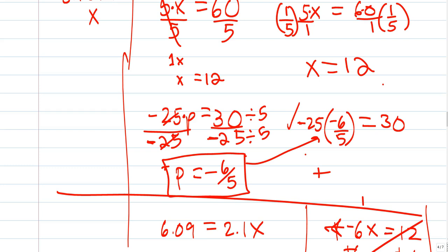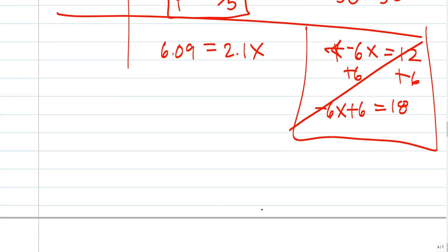But what I like to do is cancel the 5 into the 25. See, the 5 goes into the 25. I can divide it in 5 times. So I'm left with 5 times 6 is 30. And I believe 30 does equal 30. So that means that scary fraction was our answer.